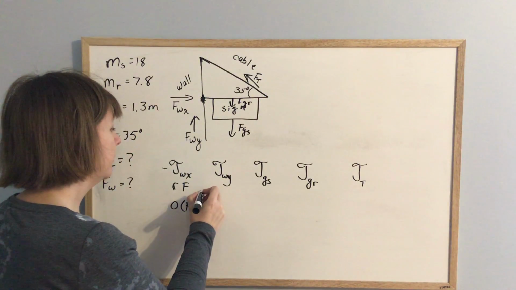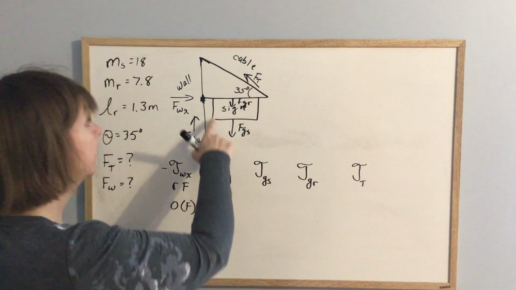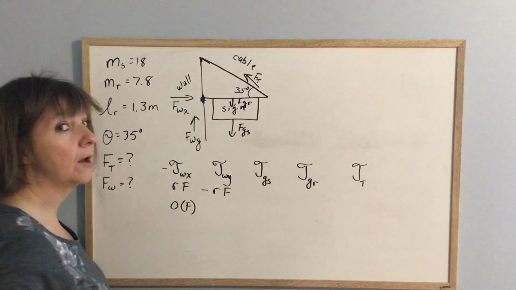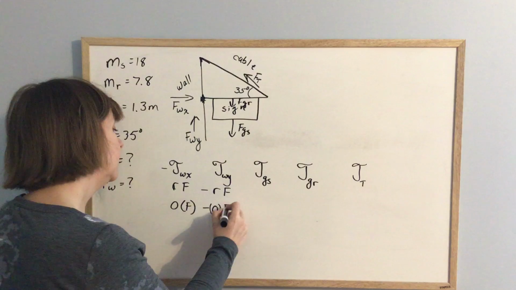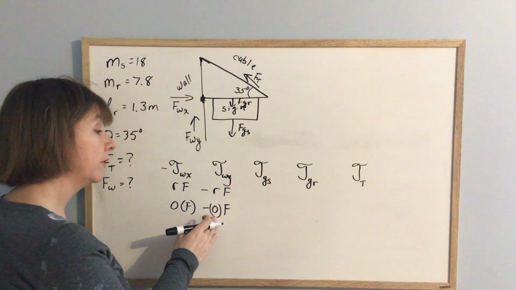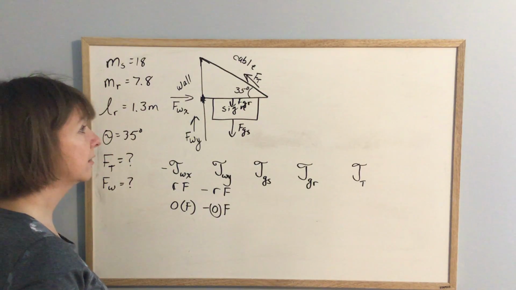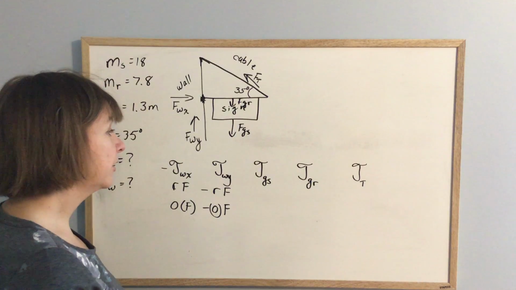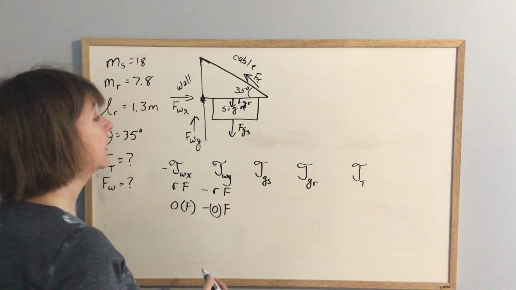So again, I would probably make it negative, and it's R times F. But again, that force is happening right where that pivot point is, and I'm losing my voice, guys, sorry. The R would be 0, so it doesn't really matter what the force is because that's 0.